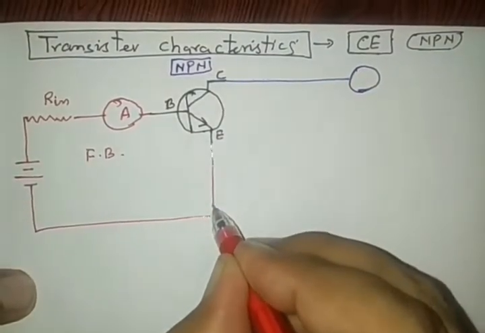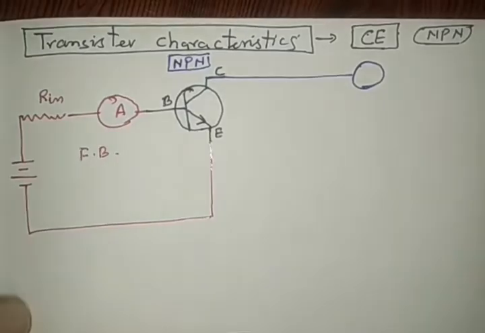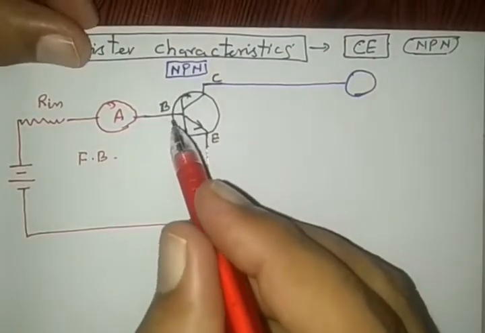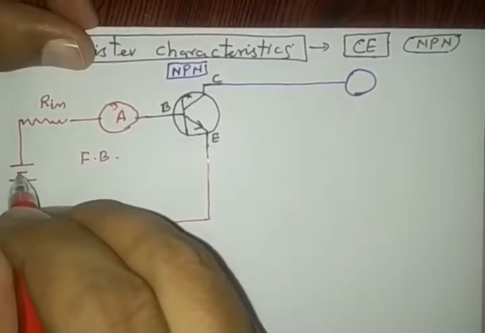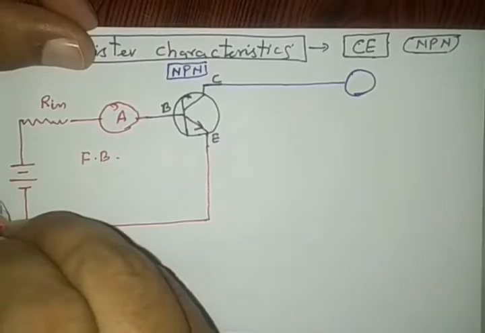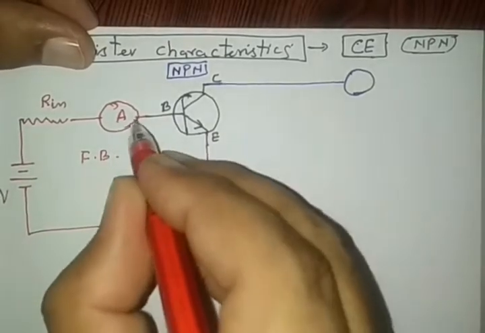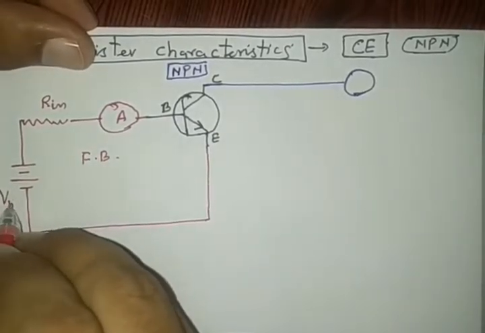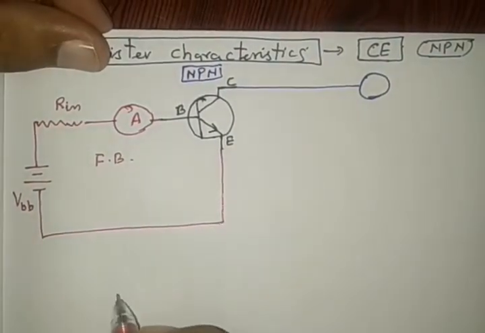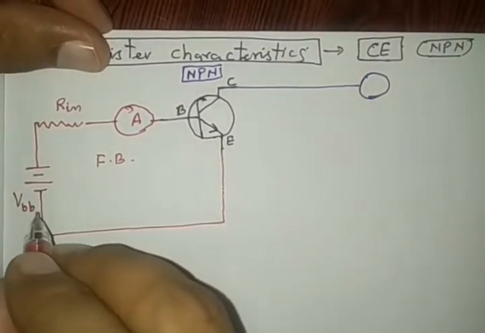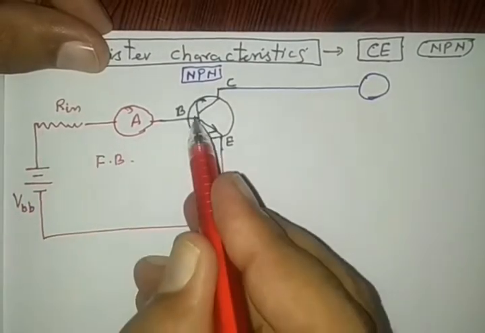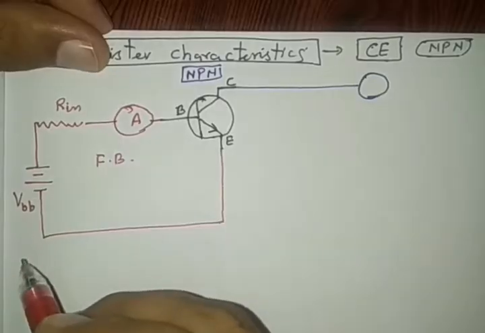So the negative terminal is connected with negative, and the positive terminal with positive. The battery applied here is known as the base battery, BB, under forward bias. Forward bias means positive with positive and negative with negative.